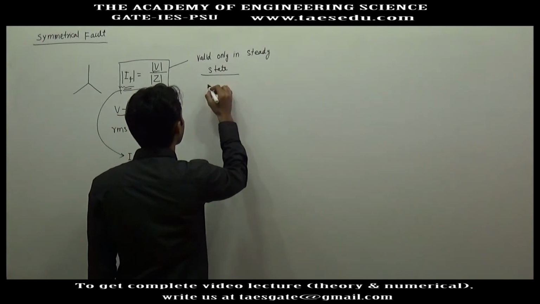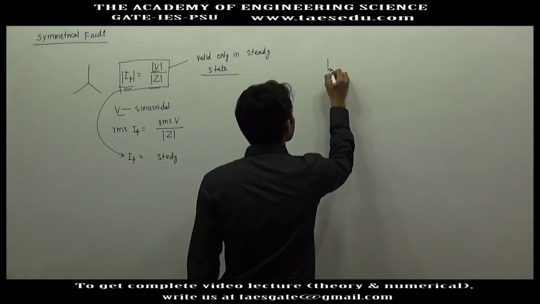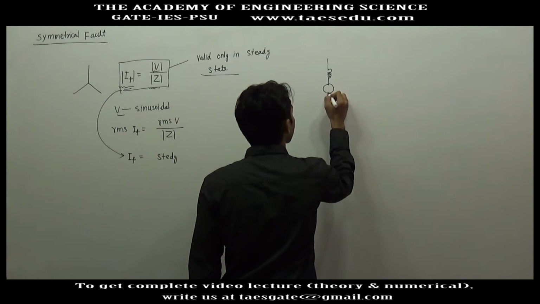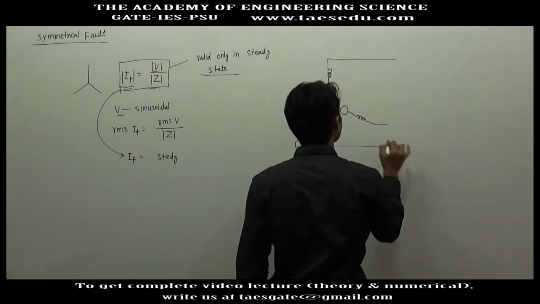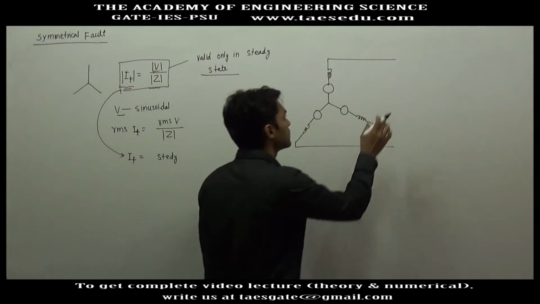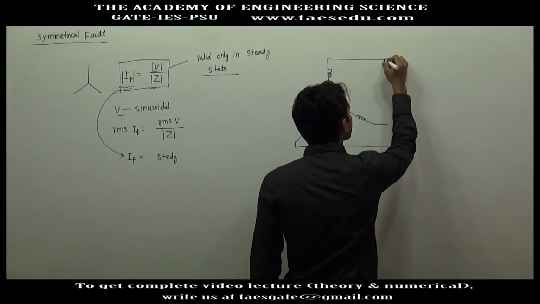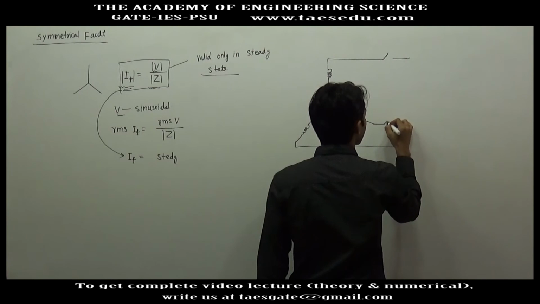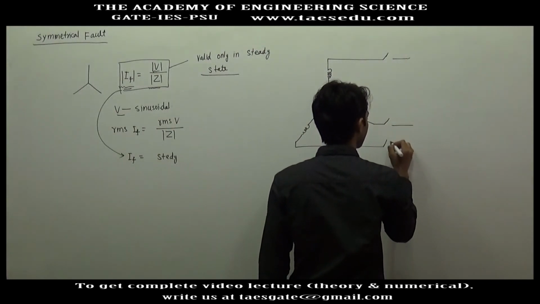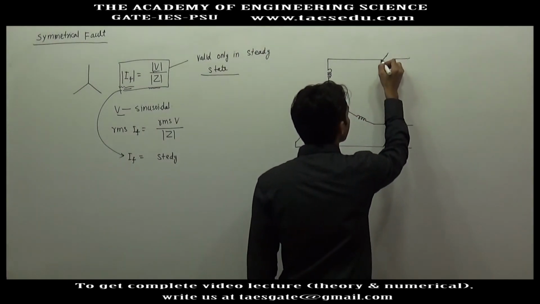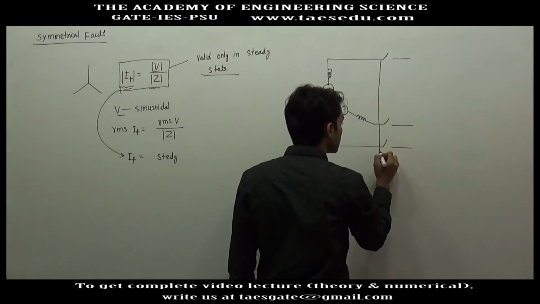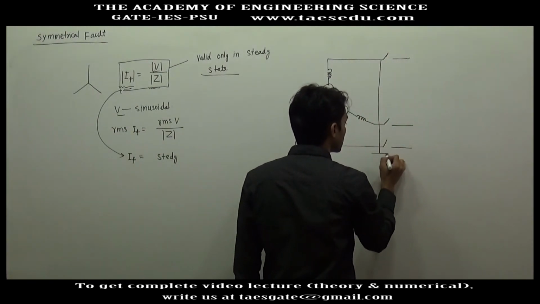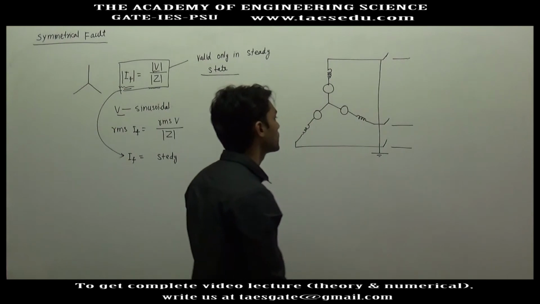Initially the generator was open circuited. Initially these connections are open circuited and the generator was supplying no current. And suddenly these three got connected to the ground.